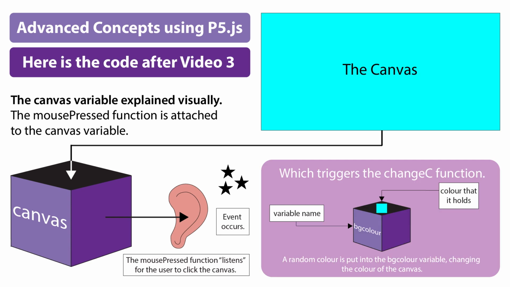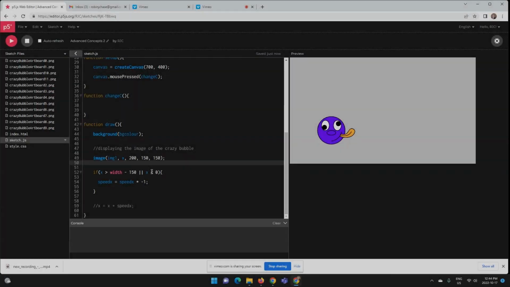When the event occurs, it triggers the change C function. And what happens is that a random color is put into the BG color variable, and that changes the color of the canvas.